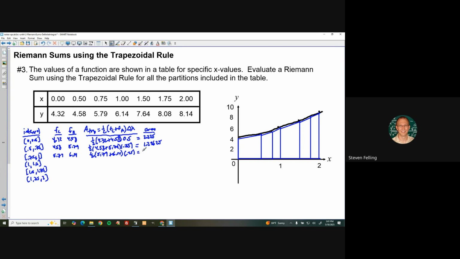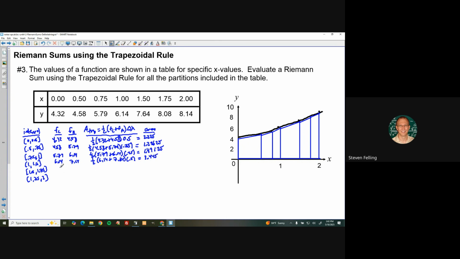That one ends up being 1.49125. Next one, between 1 and 1.5, heights are 6.14 and 7.64. Area of a trapezoid, 1/2 times the sum of the two bases, times the width of the interval, which in this case is 0.5. And that gives me 3.445.